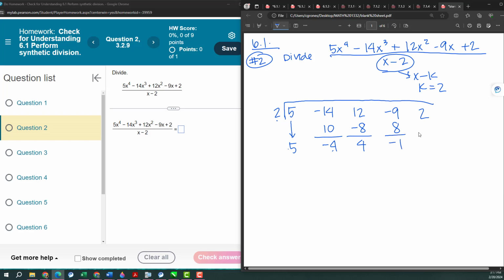Negative 1 times 2 is negative 2. And what do you know? We have a 0 as our remainder. So what we are left with is 5x cubed minus 4x squared plus 4x minus 1.